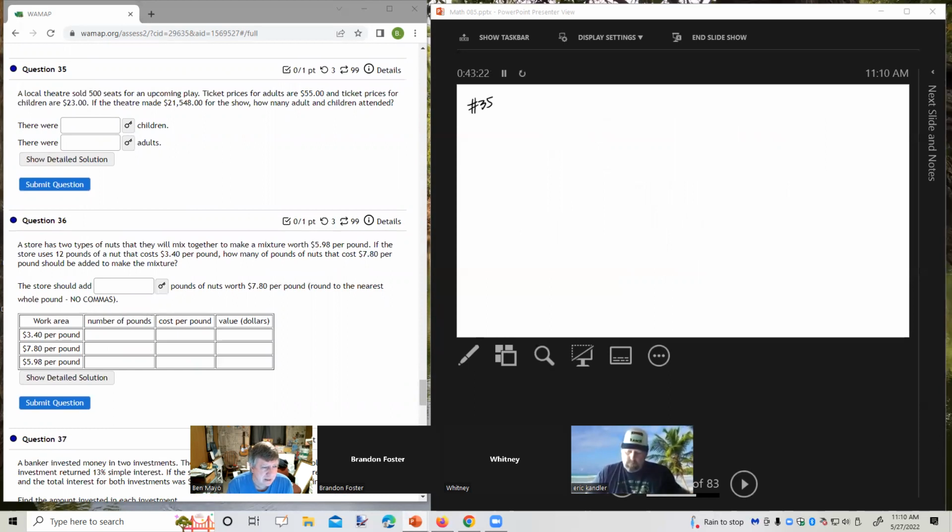If the theater made $21,548 for the show, how many adults and children attend?